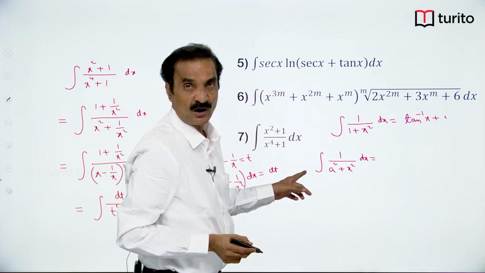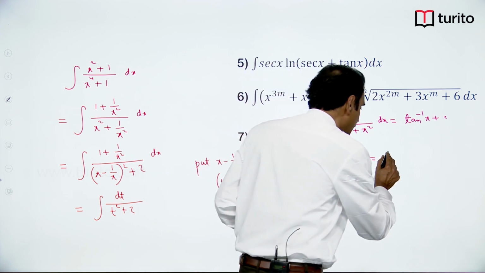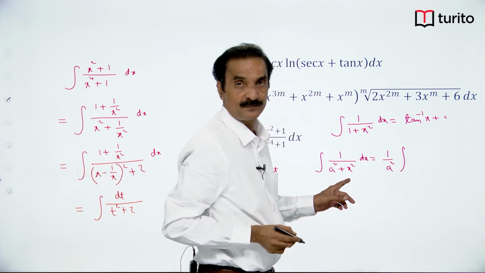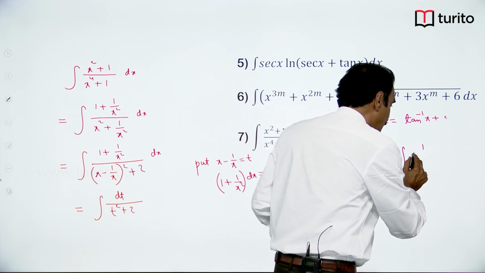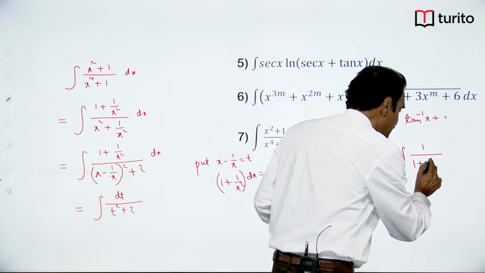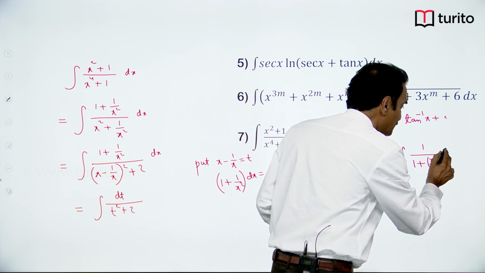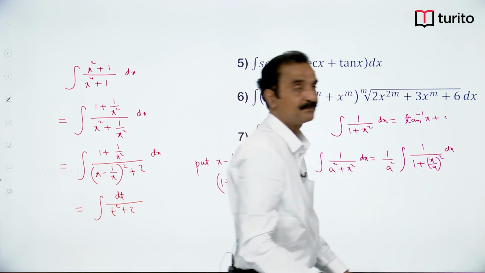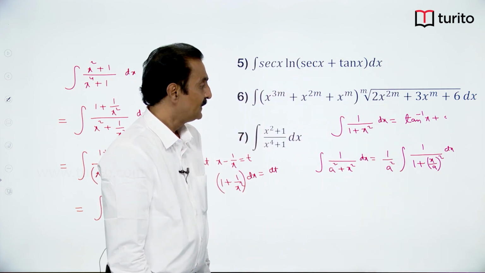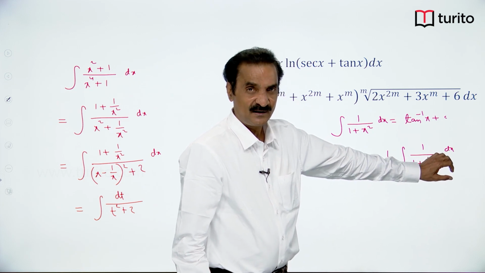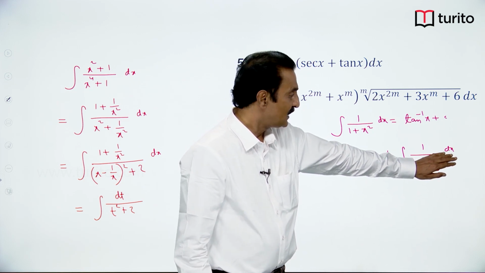Taking a square common from the denominator, 1 by a square into 1 by 1 plus x square by a square, which is x by a whole square, dx.